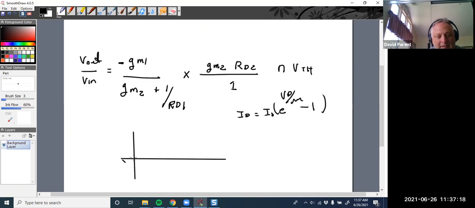So clearly nonlinear, but you pick a point and you say that you're only going to vary this, this is VD, a little bit. Well, what's a little? Well, deltas are little. And I'll get an output current.